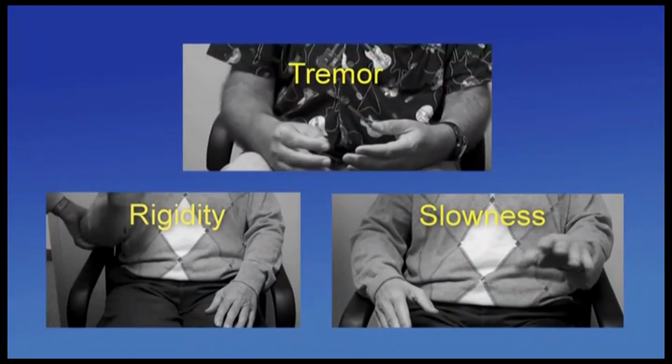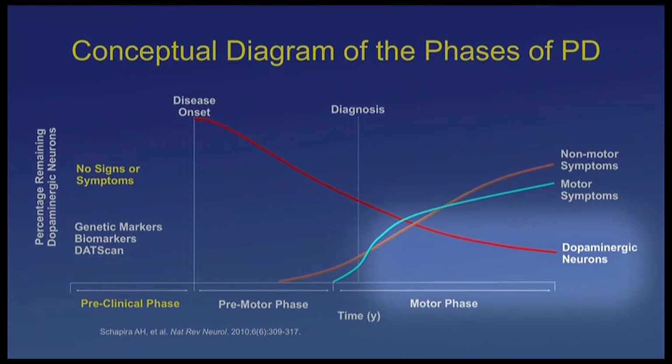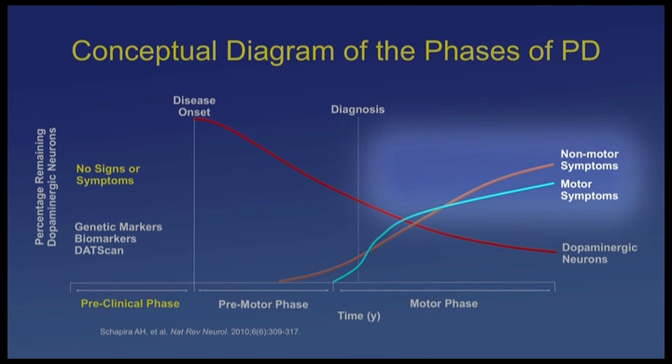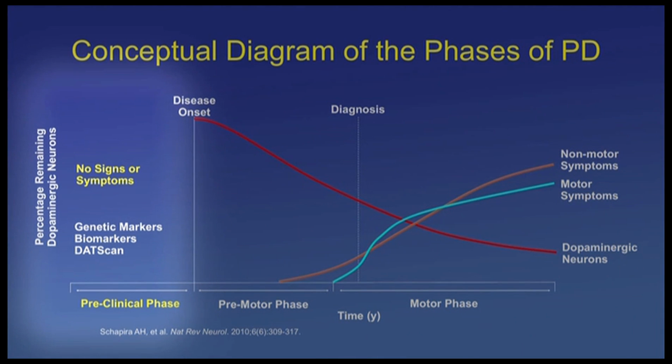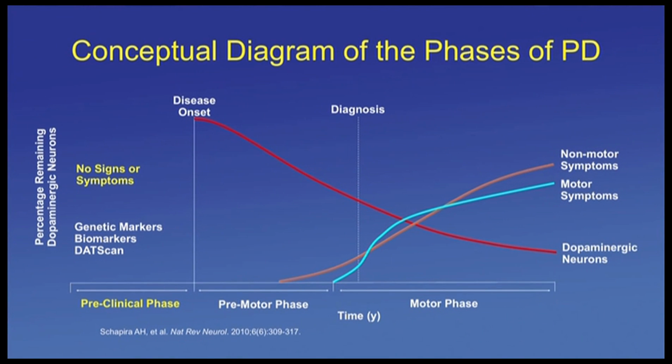And then after that, the dopamine neurons continue to decline, and the number of motor symptoms increase, as do the number of non-motor symptoms. Today, it's being proposed a three-phase analysis of the Parkinson journey, and to the left is the preclinical phase, a phase that is orientated toward genetic aspects and other aspects we may be able to test by biomarkers.